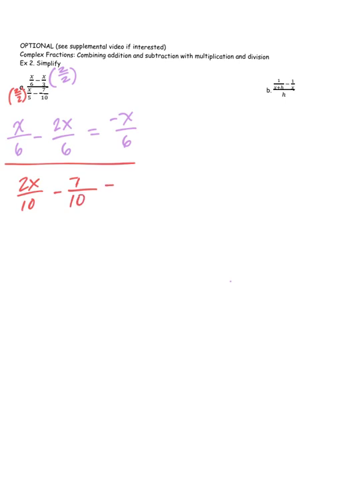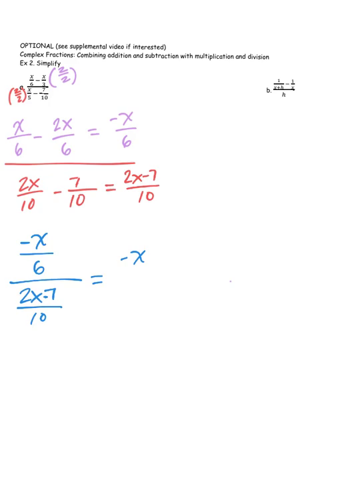And then that just simplifies to 2x minus 7 over 10. So now we have a negative x over 6 being divided by a 2x minus 7 over 10.